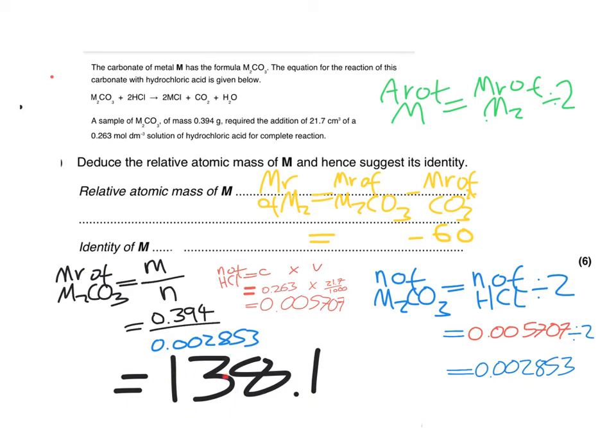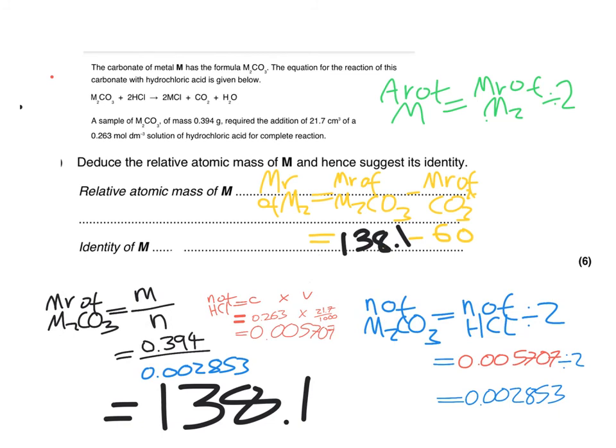So this is our total MR, and now we can put it into this yellow equation to work out the MR of just the M2, because we know the MR of the CO3. So you can see I've just put it in here, 138.1 minus 60, and that equals 78.1. So we put this into this equation over here, let's use green.